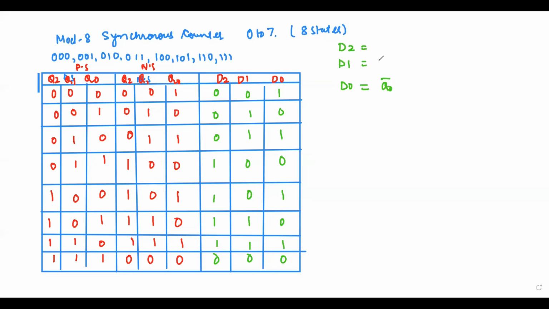Corresponding to D1, your value is Q1 Q0 bar plus Q1 bar Q0. Corresponding to D2, your value is Q2 XOR Q1 Q0.